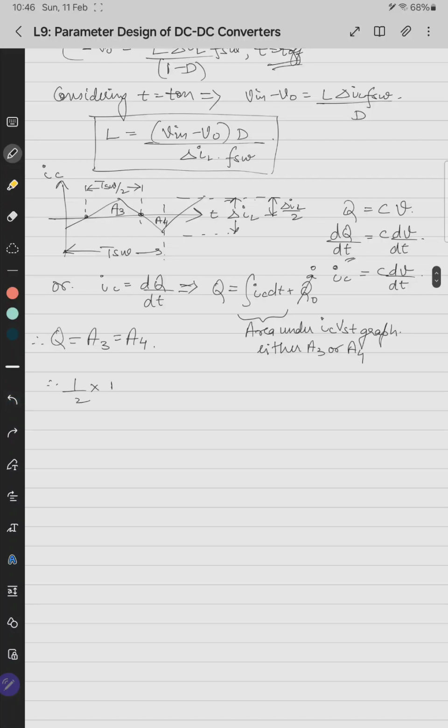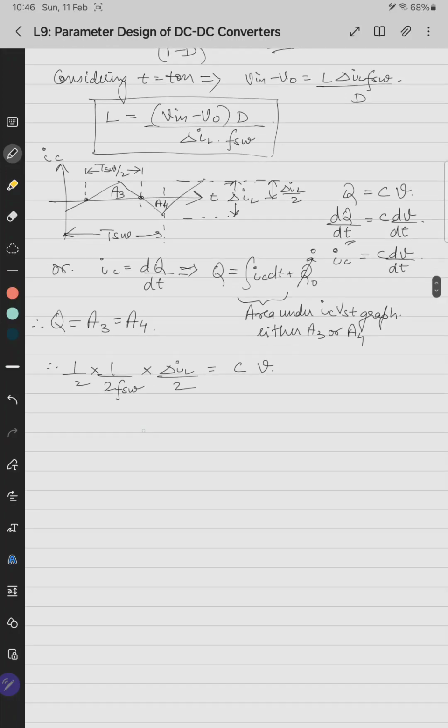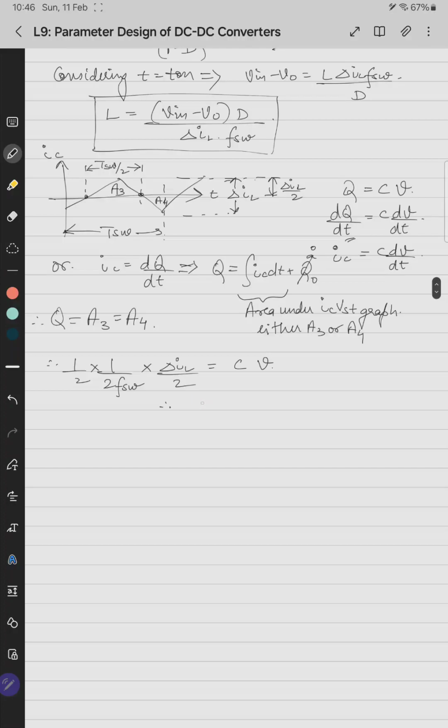We'll replace T switching as 1 by F switching. So 1 by 2 F switching, because it is T switching by 2. Half into base into height, delta IL by 2, equals C into V. So therefore, if you derive C, it is delta IL by 8 F switching into V.